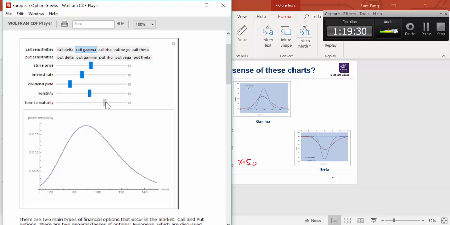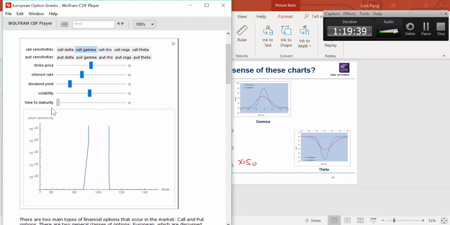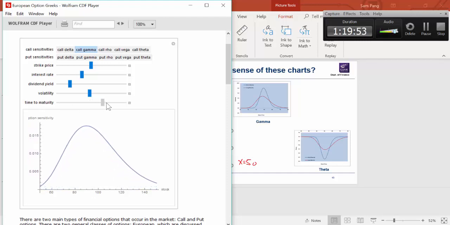For long maturity, notice the y-axis, the scale is changing, okay? For very, very short maturity, it just goes through the roof. The y-axis is the gamma, and the peak gets lower and lower when the maturity increases.